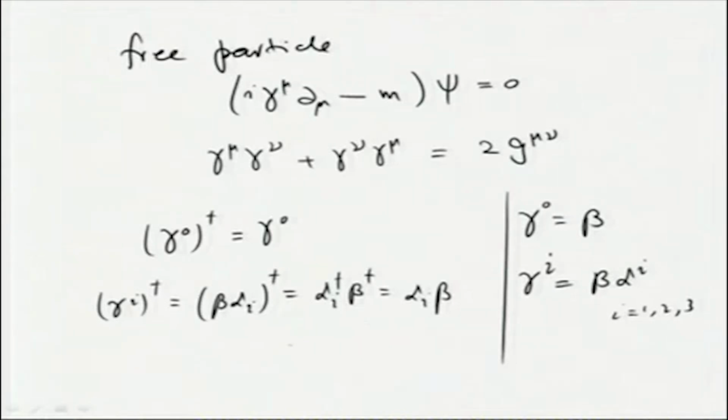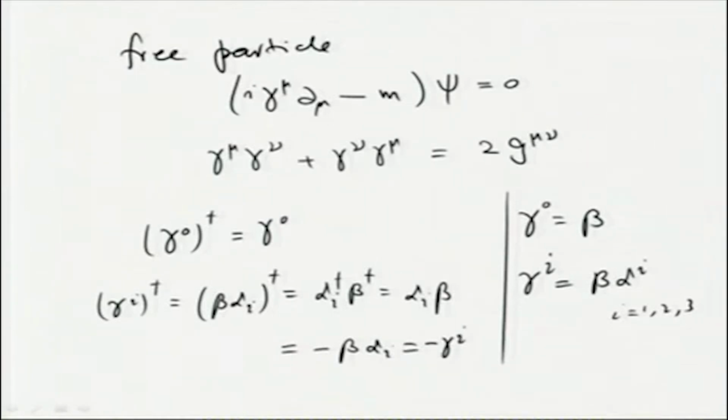Because of the anti-commuting property of α and β, this can be written as minus β α^i, which is nothing but minus γ^i.